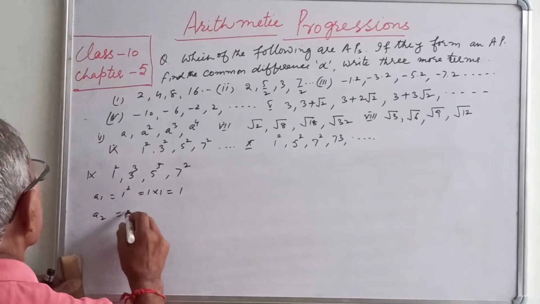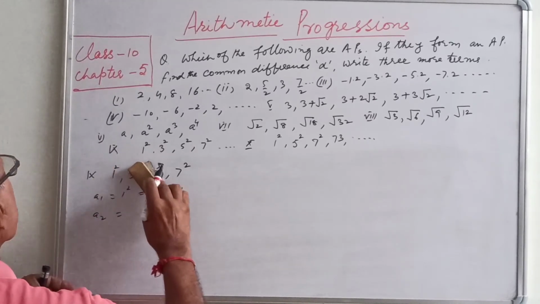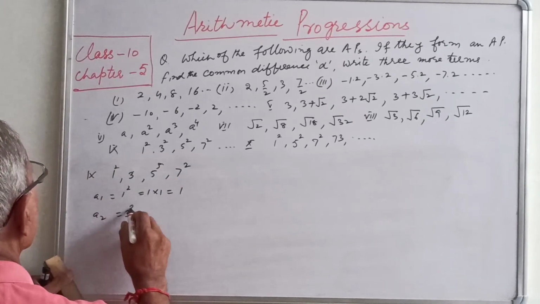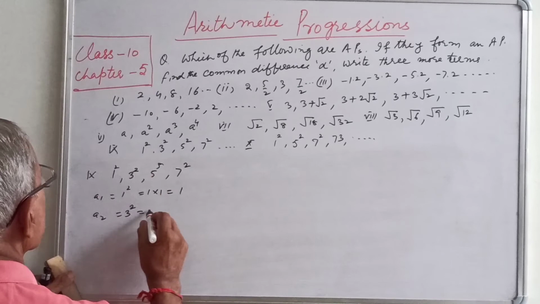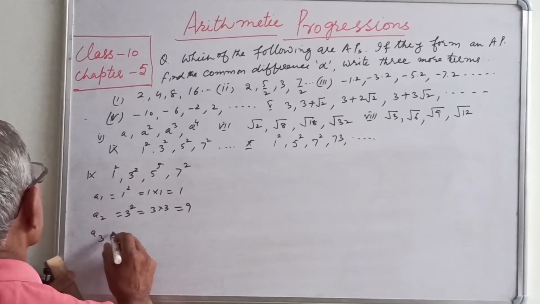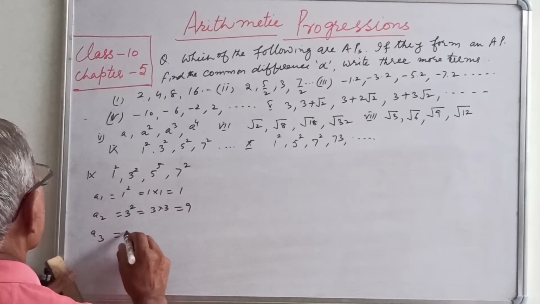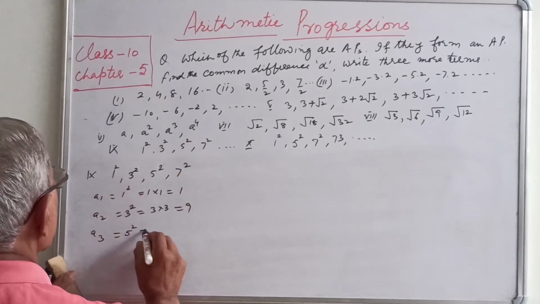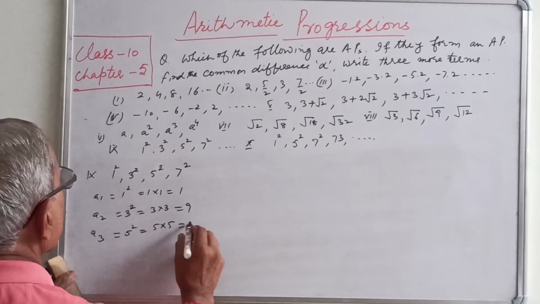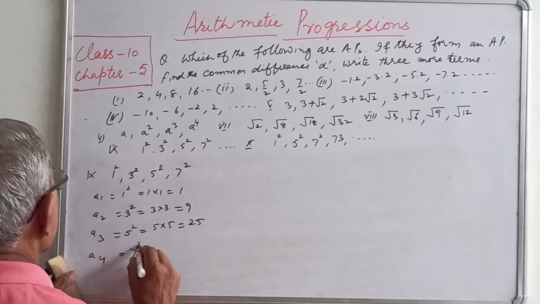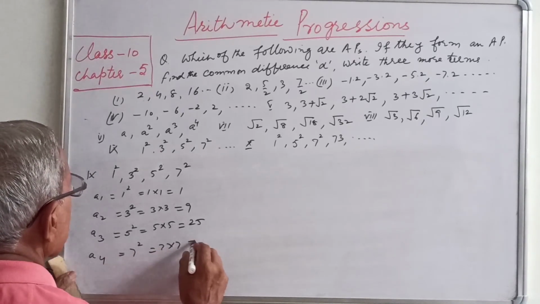A2 is square of 3, so 3 into 3, 9. A3 is square of 5, so 5 into 5, 25. A4 is square of 7, so 7 into 7, 49.